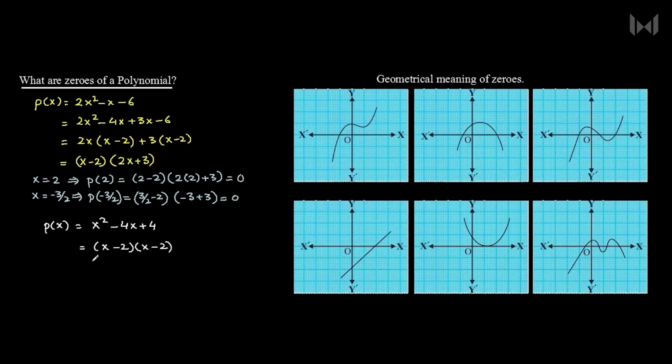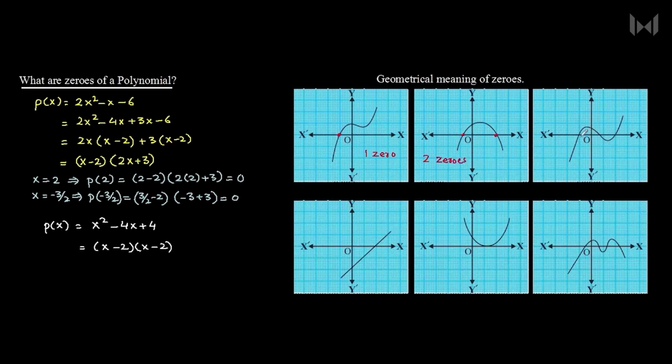Let us talk about all this in the geometrical meaning. What does it imply geometrically? In the first case, the curve intersects the x-axis at only one point, so we say there is only 1 zero. In the second case, there are 2 points where the curve intersects the x-axis, so there are 2 zeros.